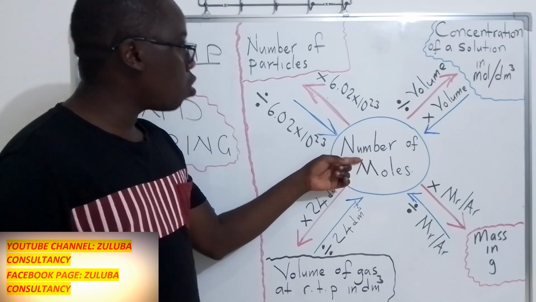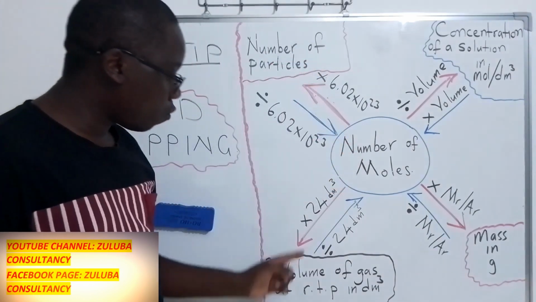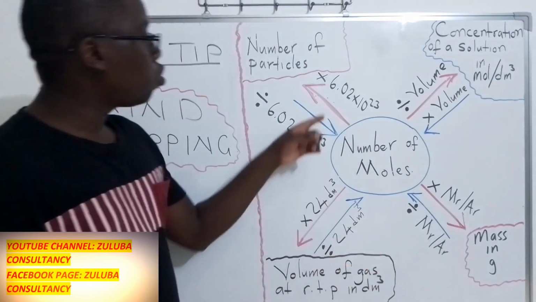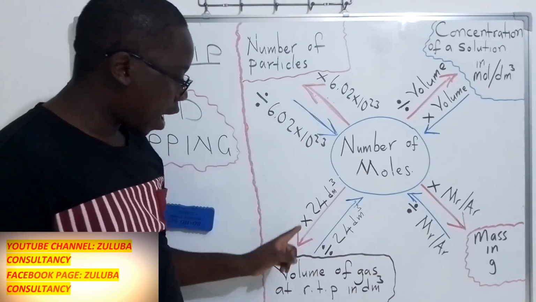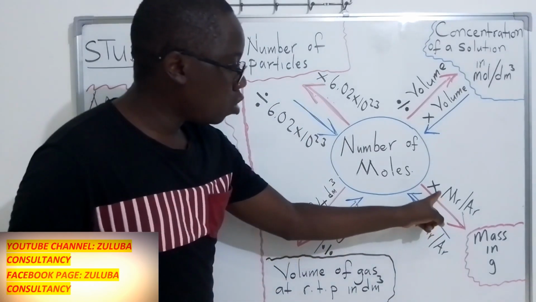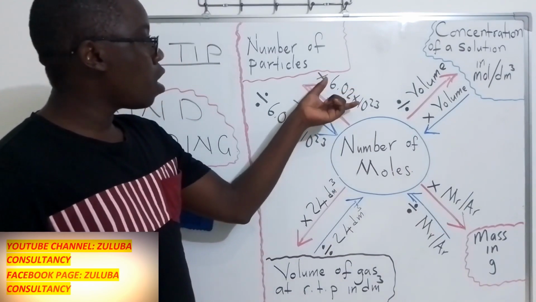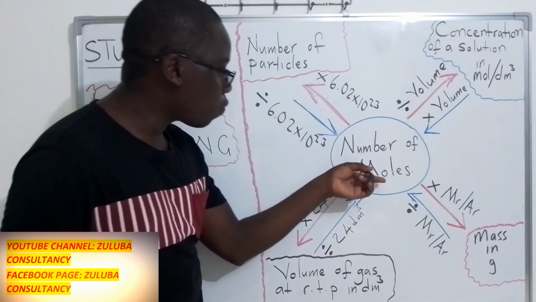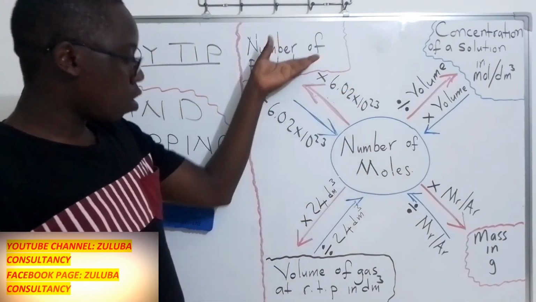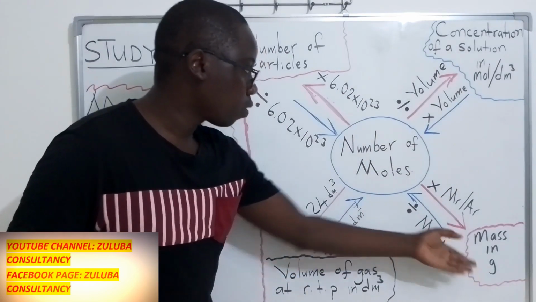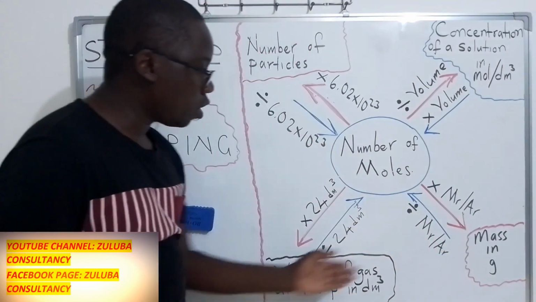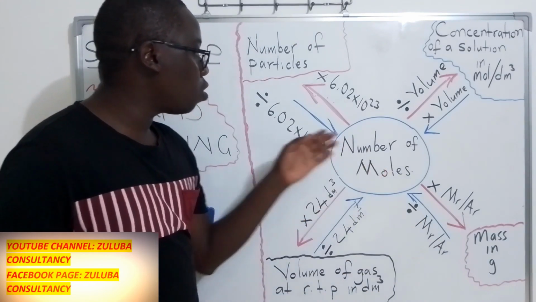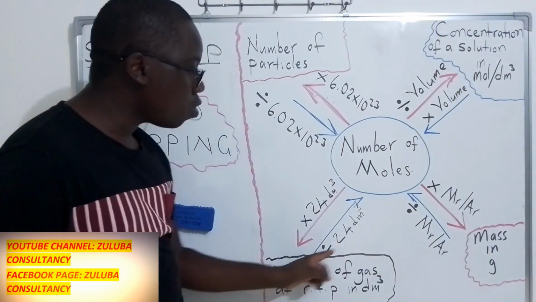From number of moles to any of these 3, you simply need to multiply. You simply need to multiply the link for you to come from number of moles to any of these 3. Then from any of these 3, to go back to number of moles, you simply need to divide.